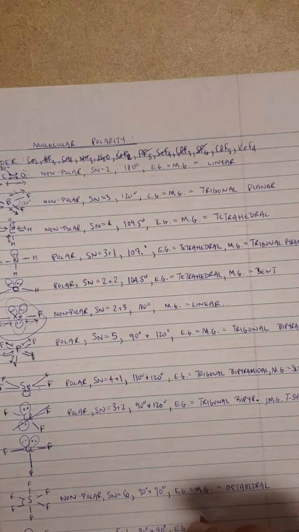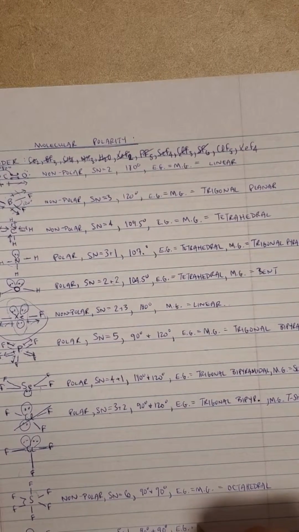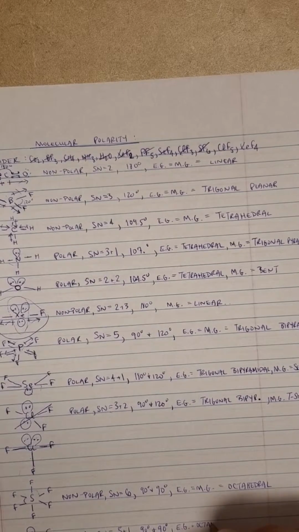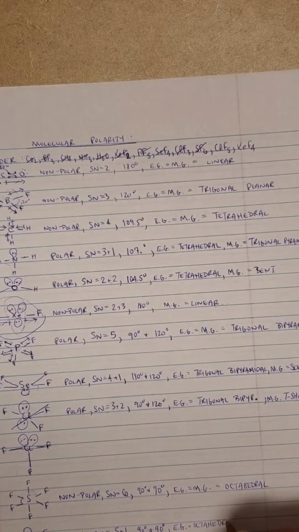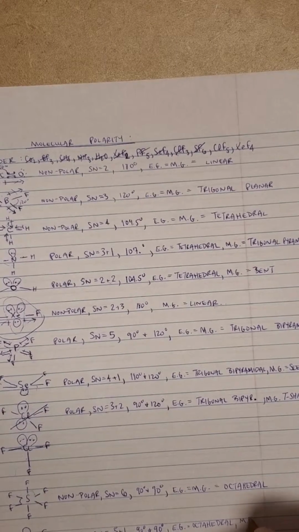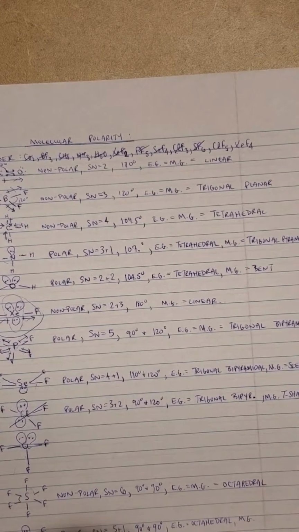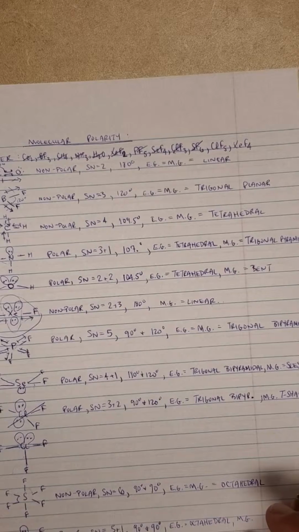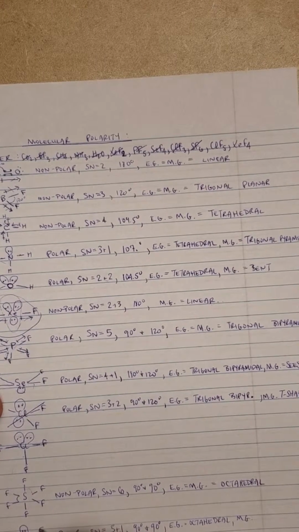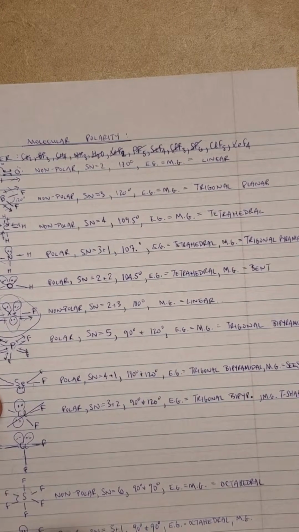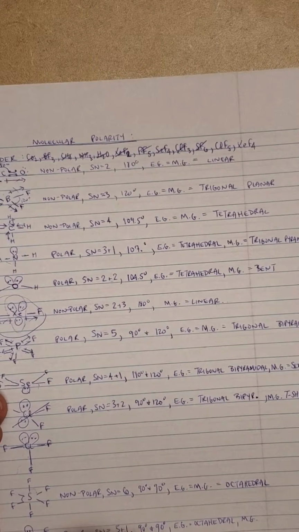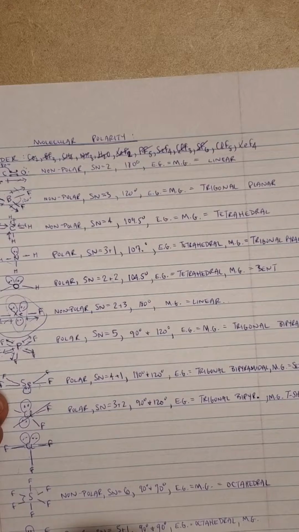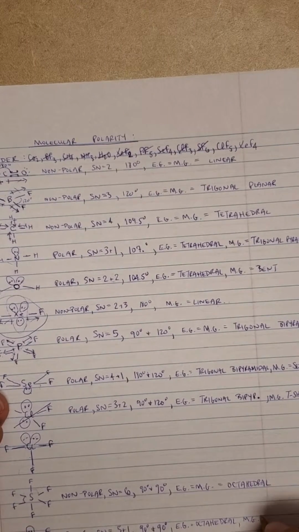Our electron geometry is octahedral, since our steric number is 6. And our molecular geometry is actually going to be square pyramidal, since there's going to be a square around the equatorial fluorines and then a pyramid around this fluorine right here.